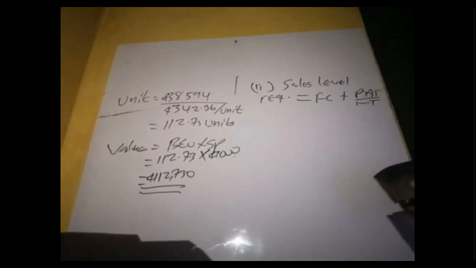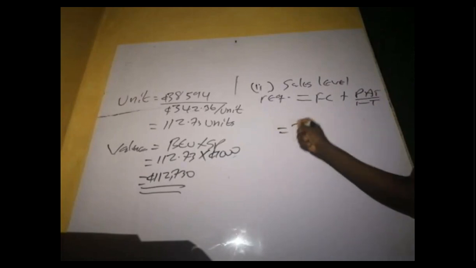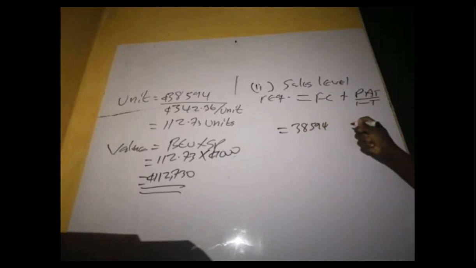So what's our fixed cost? Our fixed cost, we had 38,594. Nice. Plus the profit after tax, that's the target profit, 21,150, divided by 1 minus the tax, which is 25%.